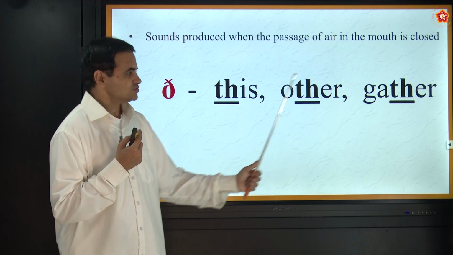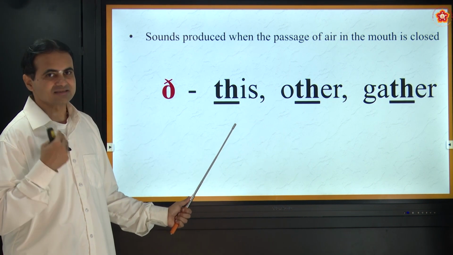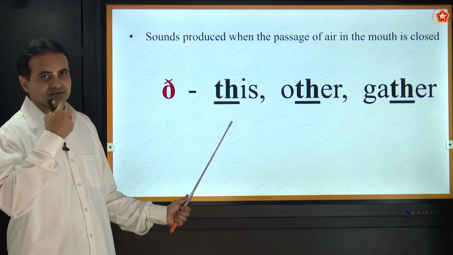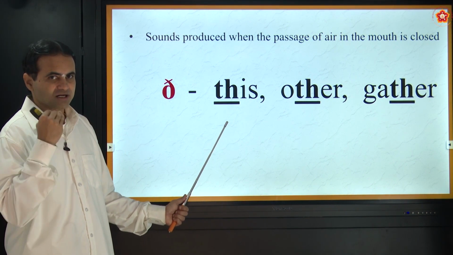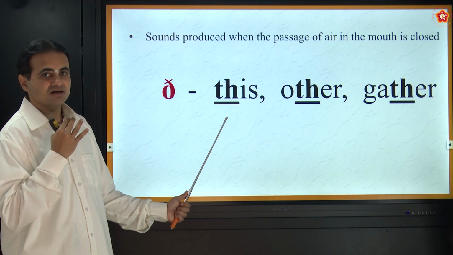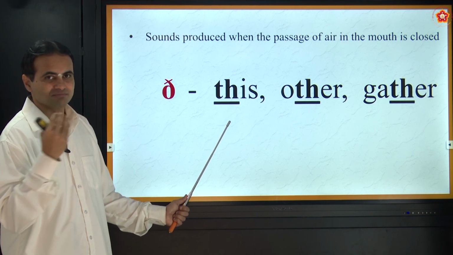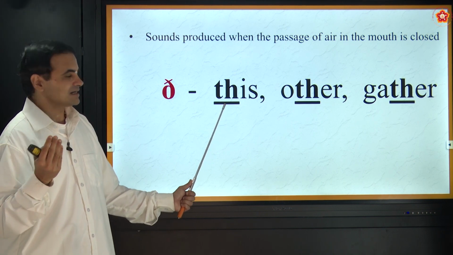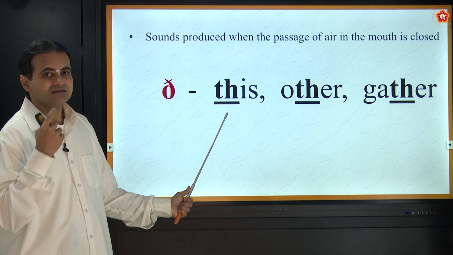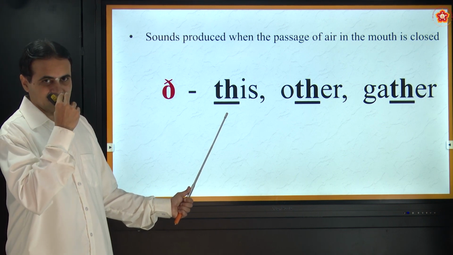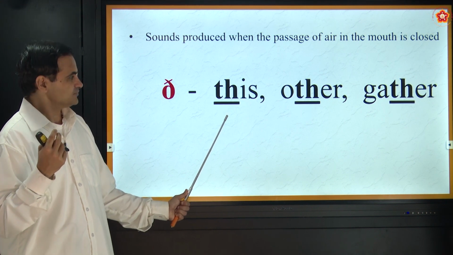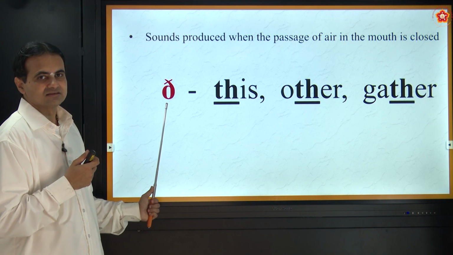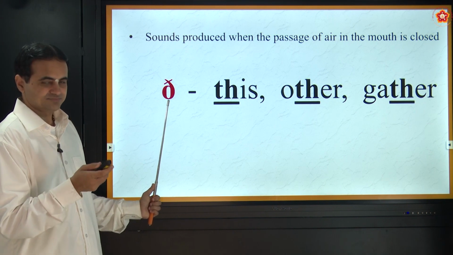So we see that in all these sounds, the tongue either closes with the lips or closes the passage of air partially or completely. For example, when we say the, the tongue and the teeth are closing and it's not allowing the passage of air freely. So this is the.